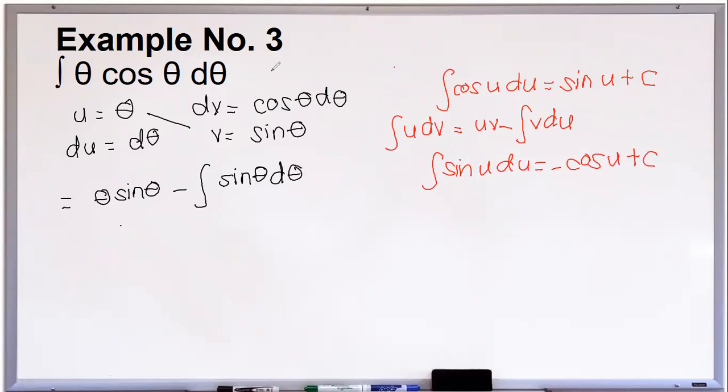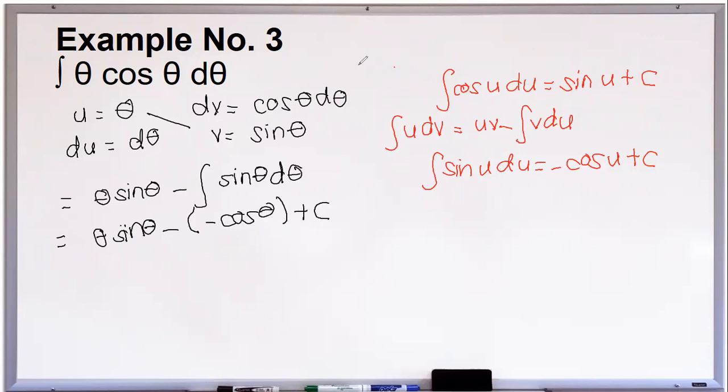So, ibig sabihin ito, pag in-integrate natin to, ganito na magiging itsura niya. Theta sine of theta minus, apply natin yung formula, so magiging negative cosine of theta then plus c.